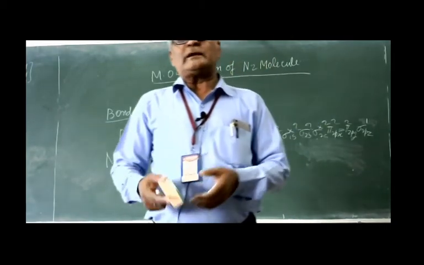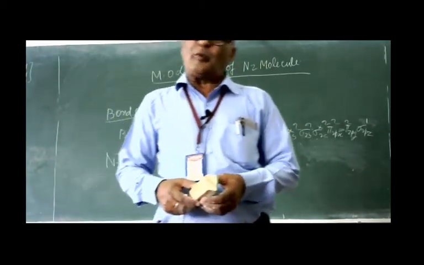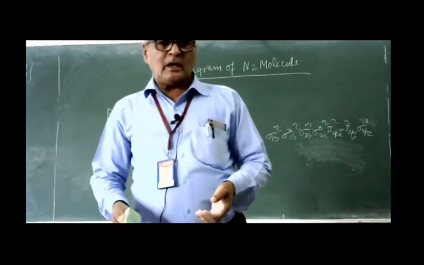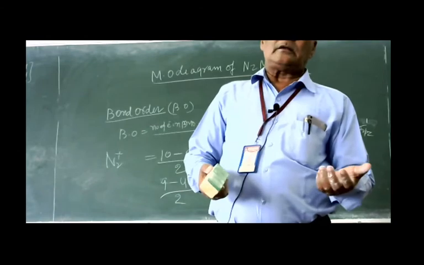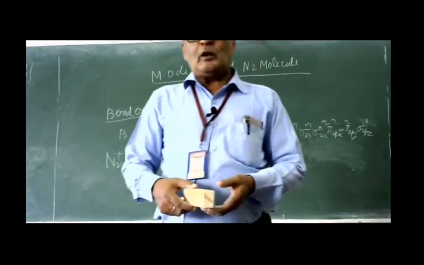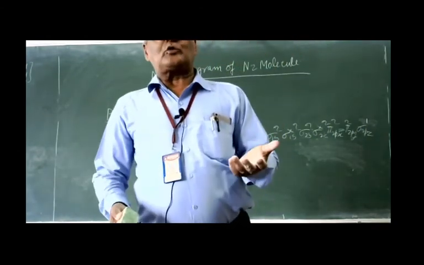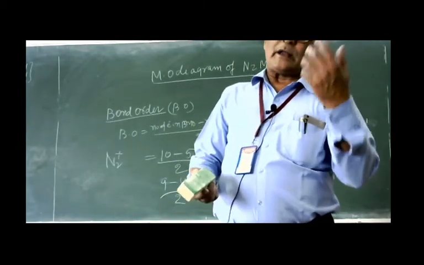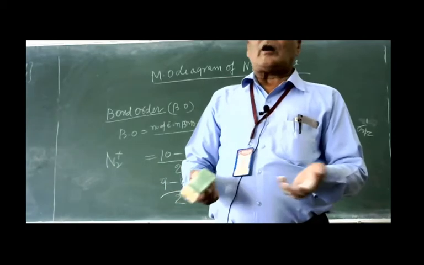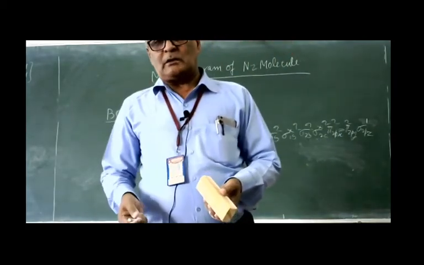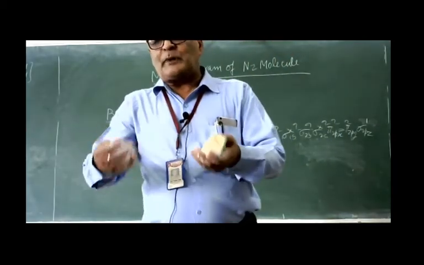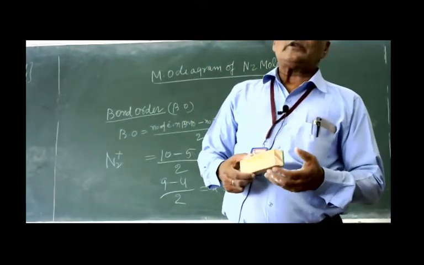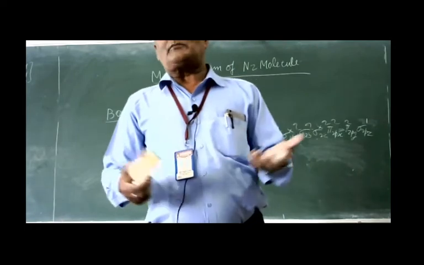Very easily you can understand: if there are two bonds in one molecule like oxygen, and there are 3 bonds in the nitrogen molecule, nitrogen is much more stable than the oxygen molecule. Why? Because of the presence of 3 bonds. So a greater number of bonds explains the greater stability of the molecule or molecule ion.